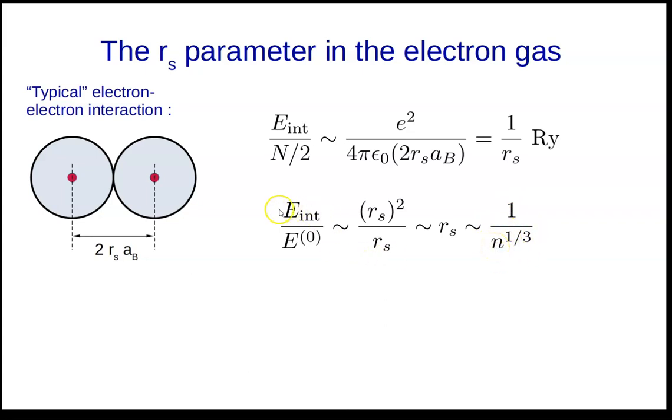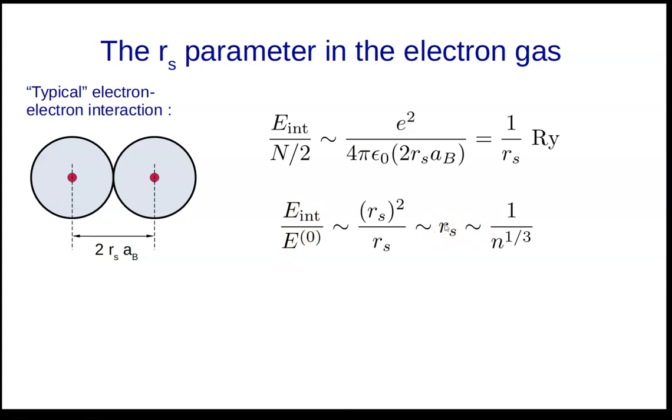This might seem counterintuitive: if the density is increasing, then my electrons are more packed together, so the distance between them will decrease. Well, yes, but if that's the case, the average kinetic energy will also increase even faster. So it means that for high densities, the kinetic energy wins, while for low density, the interaction energy wins. In other words, this ratio is linear with Rs.